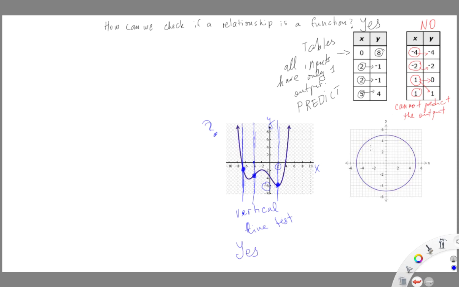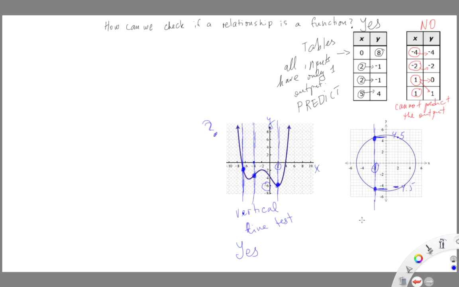Let's do the vertical line test over here. I'm going to draw a vertical line at x equals negative 2. Now, I'm touching the graph in two places. I'm touching the graph at something like 4.5, and I'm touching the graph at negative 4.5.